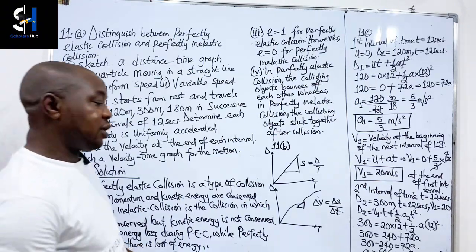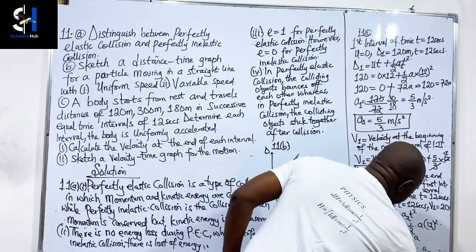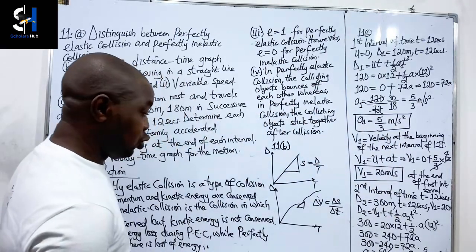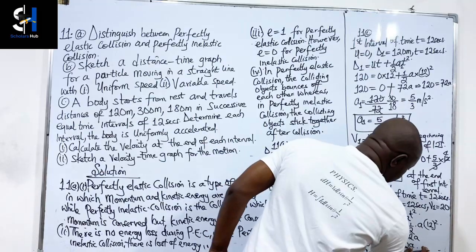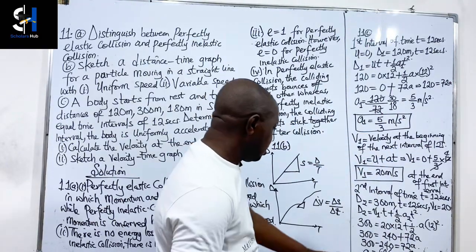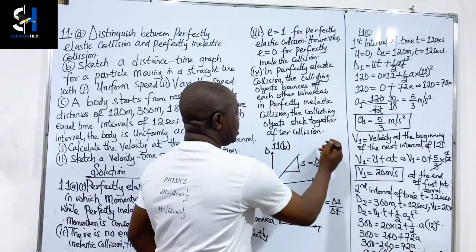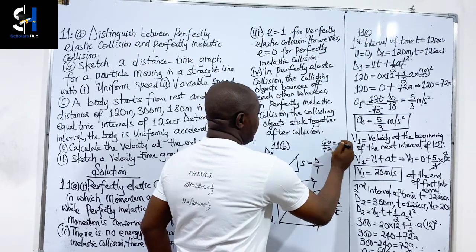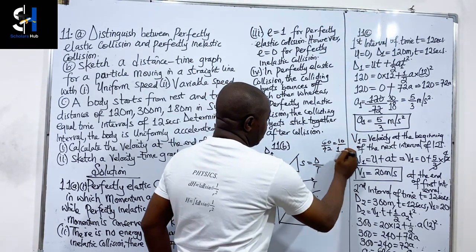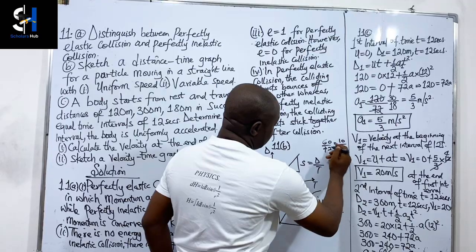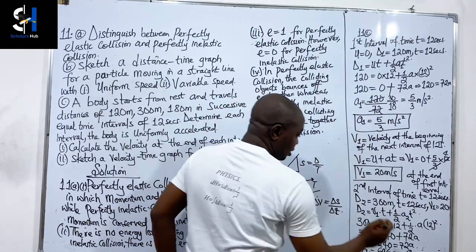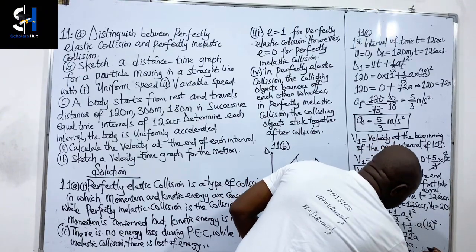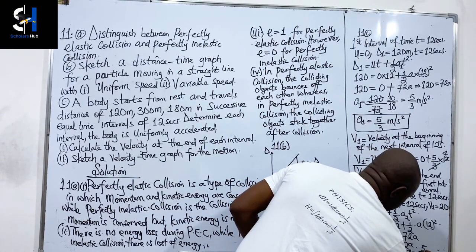That will be 5 over, is it 12? 5 over, this is 60 divided by 72. This is 10, this is 12. Okay, that will be 5 over 6. Acceleration will be 5 over 6 meters per second squared.